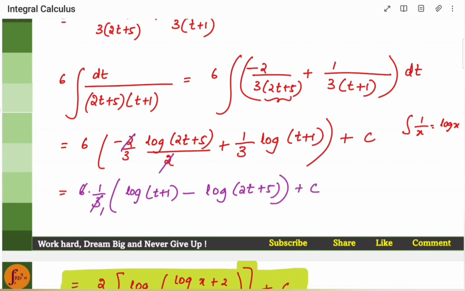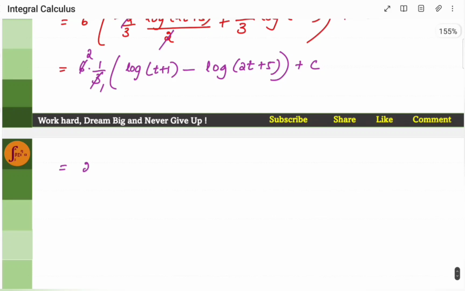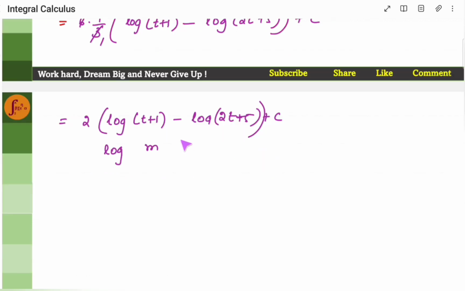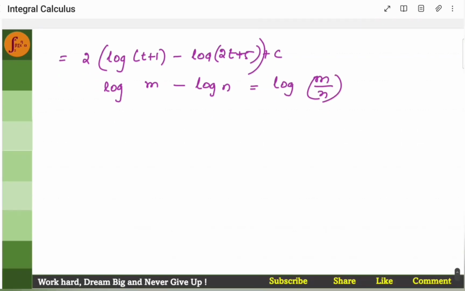And here 3 ones are 3, 3 twos are 6, so this is nothing but 2 into log (t + 1) minus log (2t + 5) plus c. Now this is of the form log m minus log n. I can write it as log m by n. So this I can write as 2 log of (t + 1) by (2t + 5) plus c.